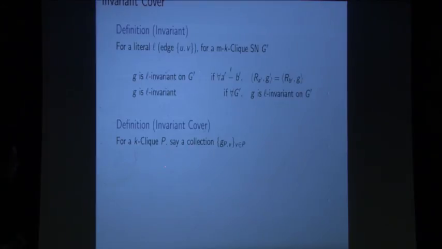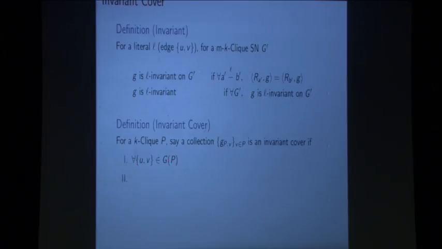For a k-clique P, we say the collection of vectors is indexed by the vertices in the clique P. So there are k such vectors. This collection is an invariant cover if it satisfies 2 conditions. First, for every edge that is in the instance of P, in other words for every 2 node states in P. Remember, when we identify a yes instance with a clique P, an edge is in the instance associated with the clique P if and only if both vertices are in the clique.